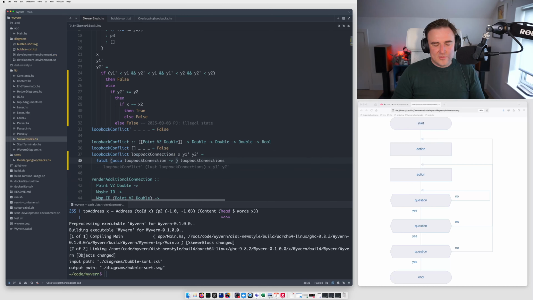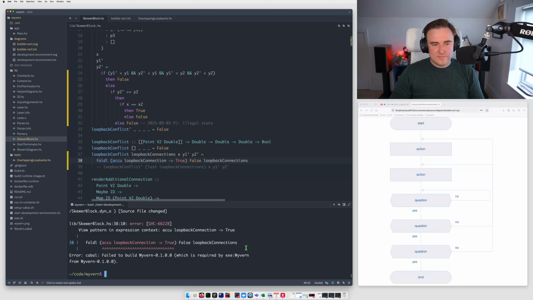Just do a fold. So let's assume that we're returning true in all scenarios.